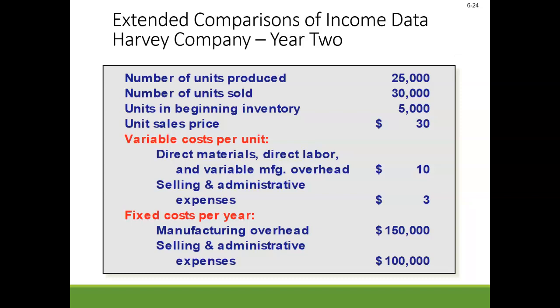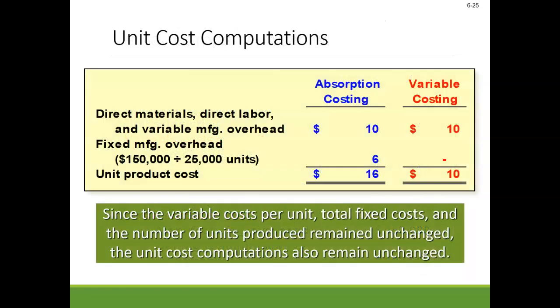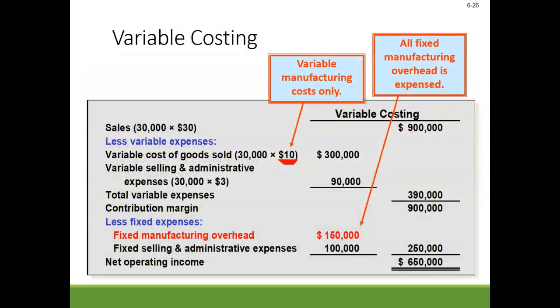So in year 2, under variable costing, we're going to have better net income than we're going to show under absorption costing. So you see here, since the variable cost per unit, total fixed cost, and the number of units produced remained unchanged, the unit cost computations remain unchanged.